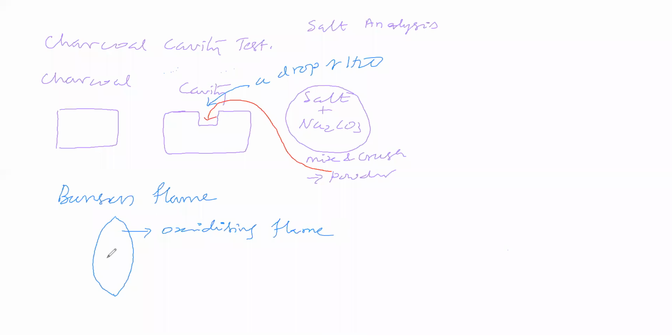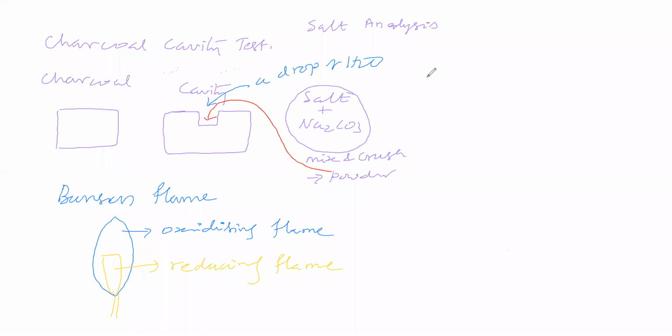Another one is like this, and it is called a reducing flame. So in the Bunsen flame, two flames are there: one is the oxidizing flame, and the other is the reducing flame.